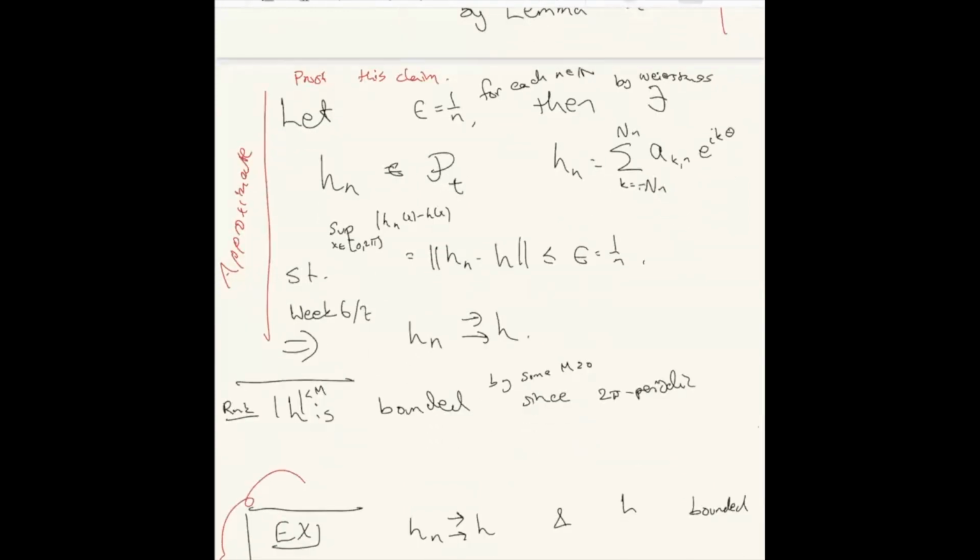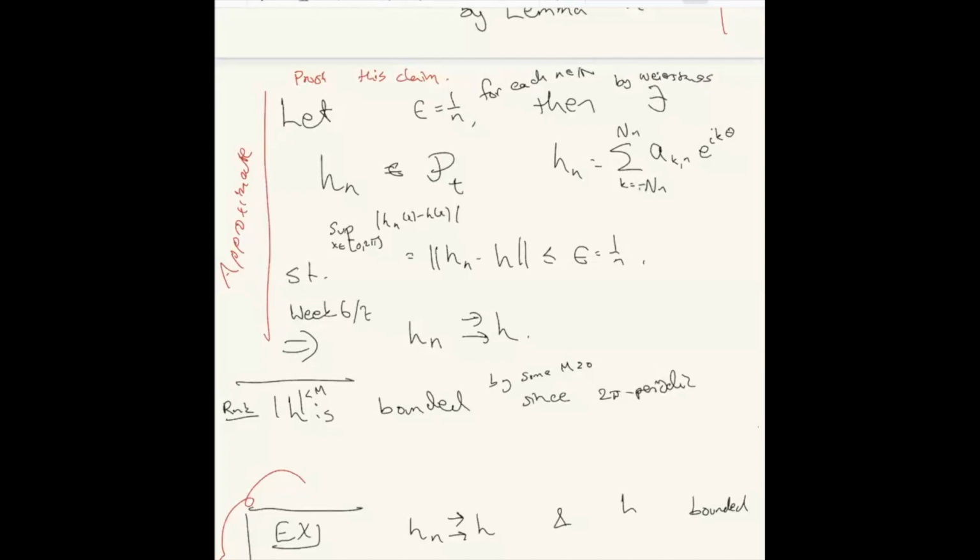Okay, but then we have that the largest difference between the functions is less than epsilon, which is now 1 over n. So we're applying this with different epsilons, just like we often do with these sequential things. And what do we get? We get a sequence of functions h_n. And this claim here is exactly saying that the h_n converge uniformly to h.